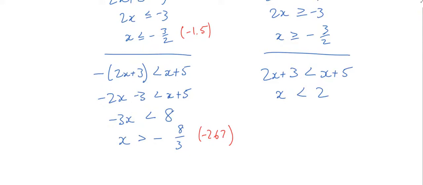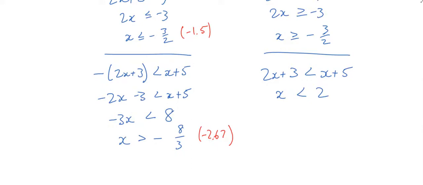Our values that are greater than negative 8 over 3, which is 2.67, are they less than negative 1.5? Which ones? All of them until you get to negative 1. Good answer. So in other words, some of them, but not all?